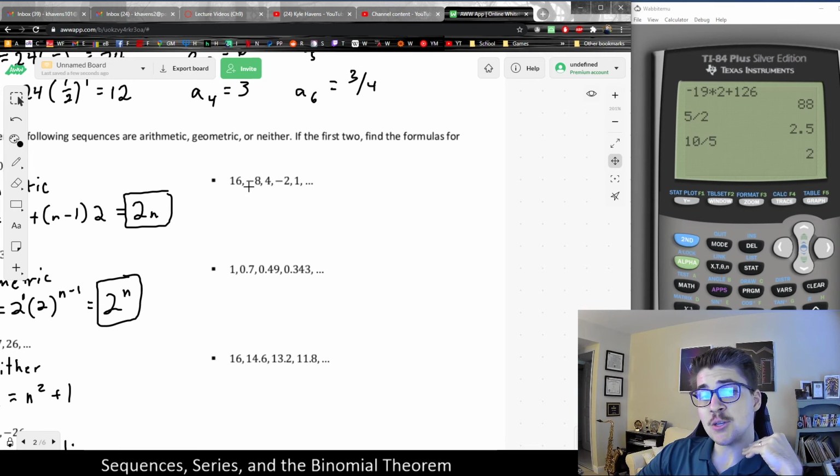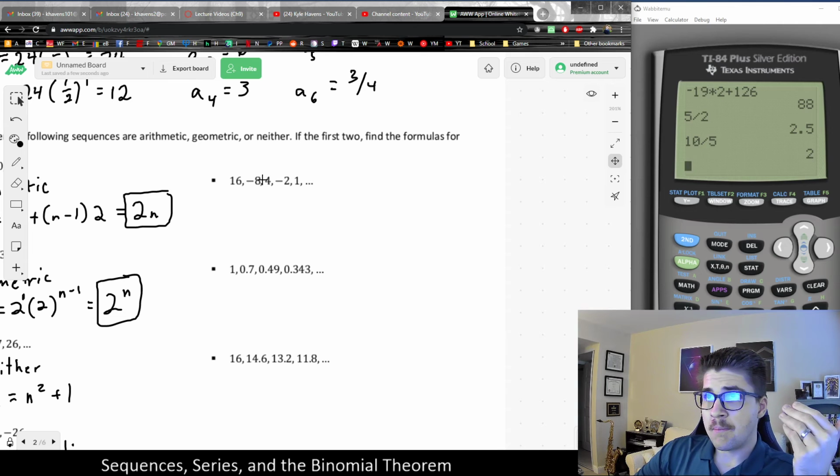But geometric sequences can be alternating, because when you're multiplying from term to term, if you multiply by a negative each time, it will swap from positive to negative. Also notice that the absolute value of each term is being cut in half. And remember, when you're dividing term by term, that's always geometric.